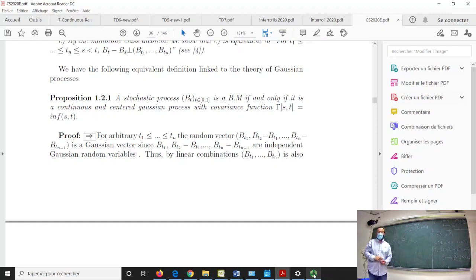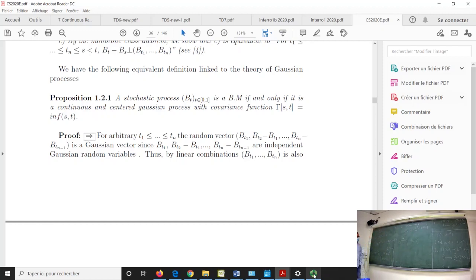And my job now is to prove that if I define Bt this way, I define a Brownian motion that can be equivalently described as a continuous Gaussian process with mean function equal to 0 and variance covariance function equal to the minimum between s and t.